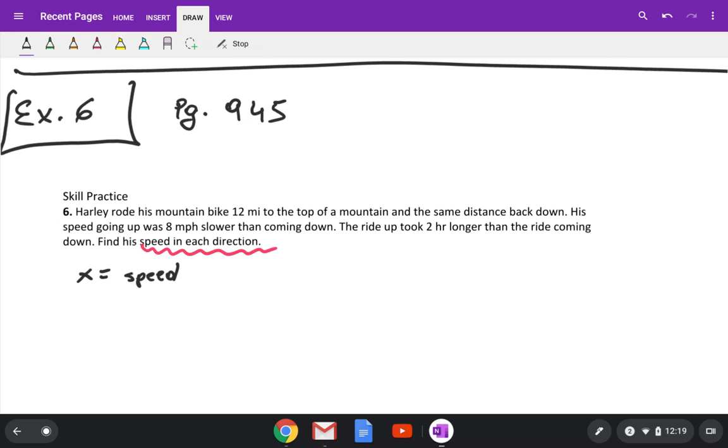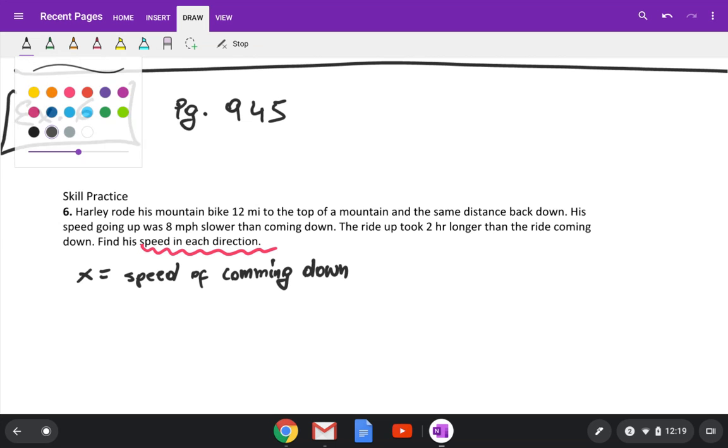His mountain bike 12 miles to the top of the mountain and the same distance back down. His speed going up was 8 miles per hour slower than coming down. Since I'm comparing the speed up to the speed coming down, it's better to express x to be the speed of coming down. Let's say it that way. Speed of coming down.